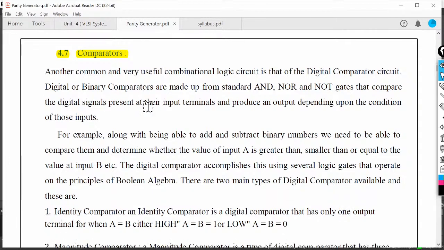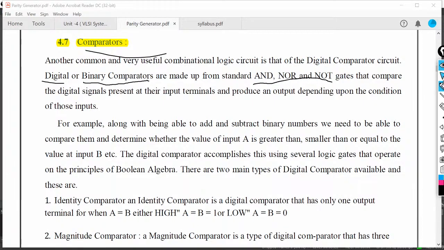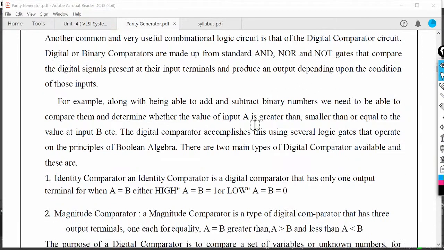This one is the theoretical portion in this comparator. Here it is given that this type of comparator circuitry is responsible to compare any binary or digital number. Any AND gate, NOR gate, NOT gate combination can be used to implement any type of circuitry.